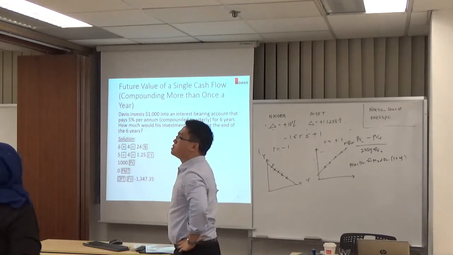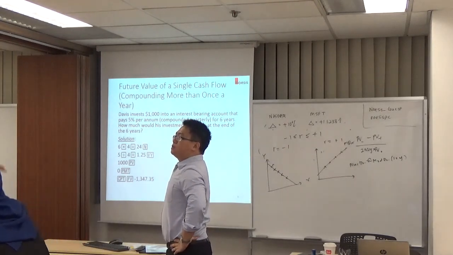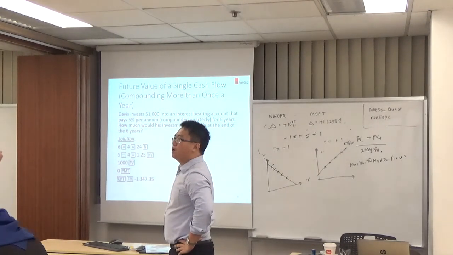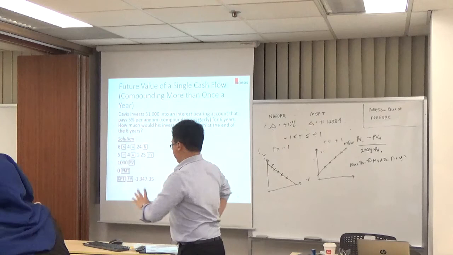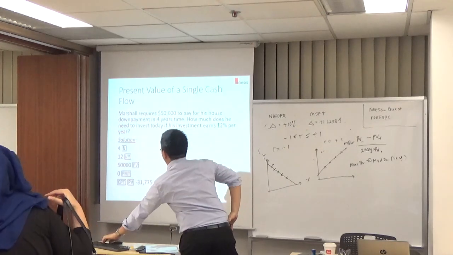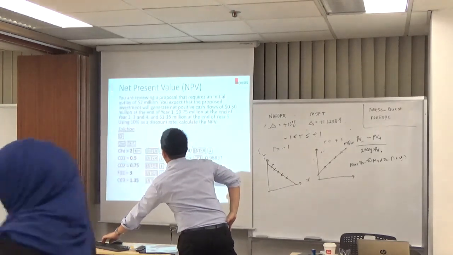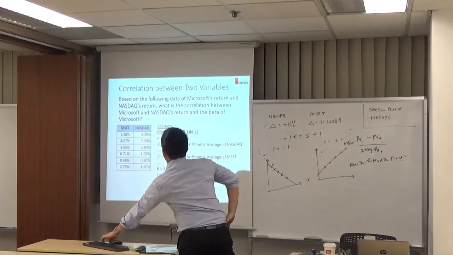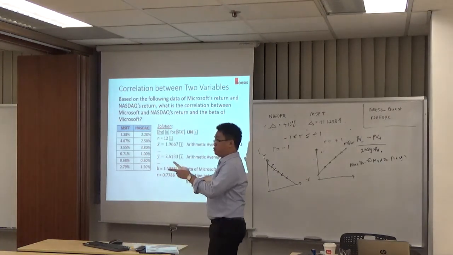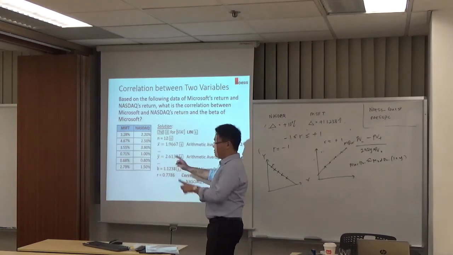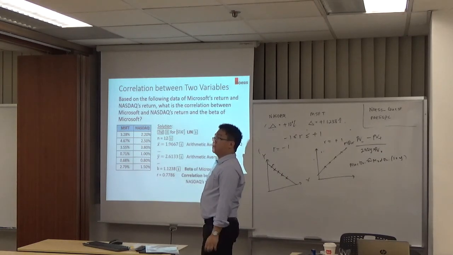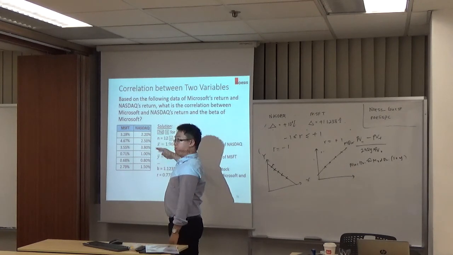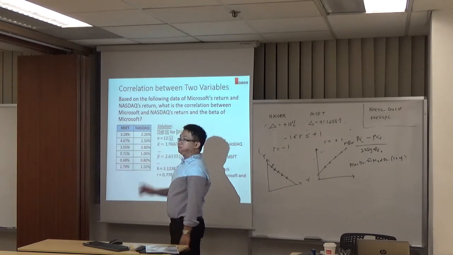One question. The X and Y cannot be interchanged, right? For the beta, cannot. But for correlation coefficient, it doesn't matter which is X, which is Y. For beta, you need this to be in the right Y and X. Correlation doesn't matter.